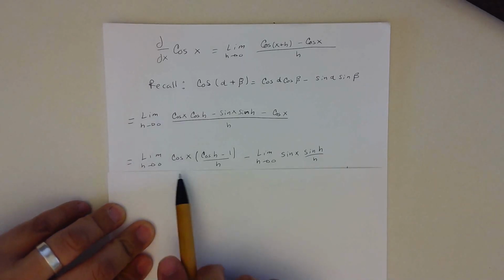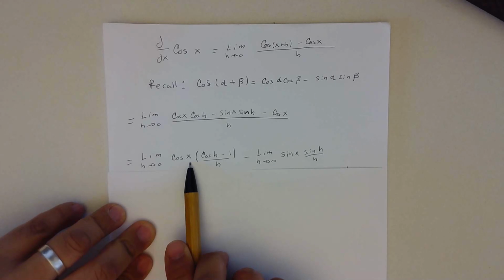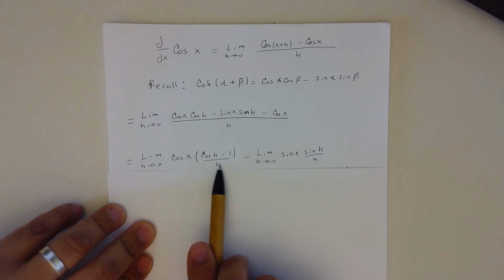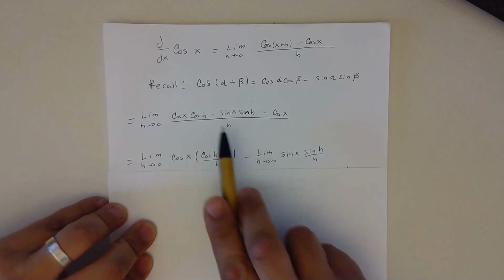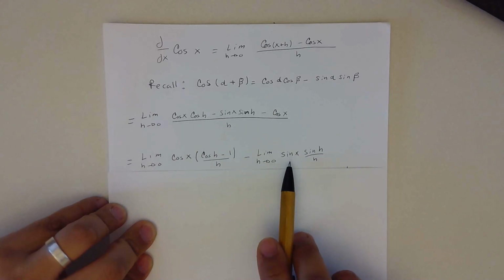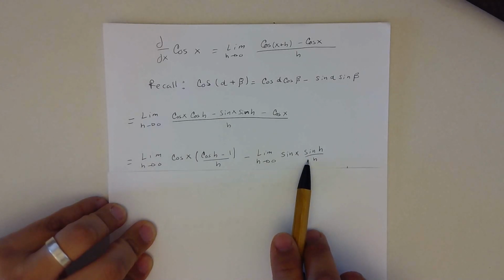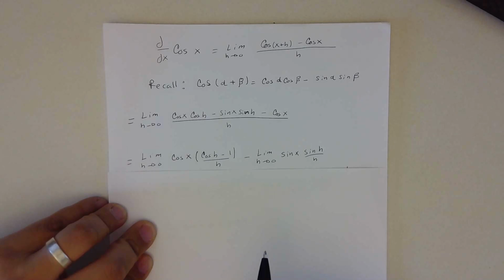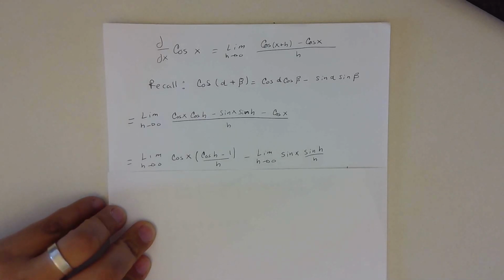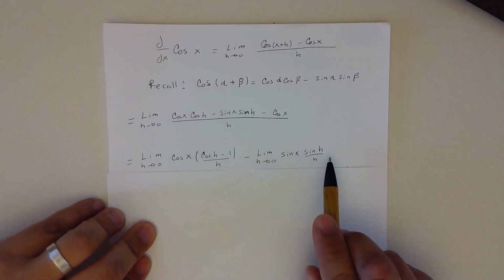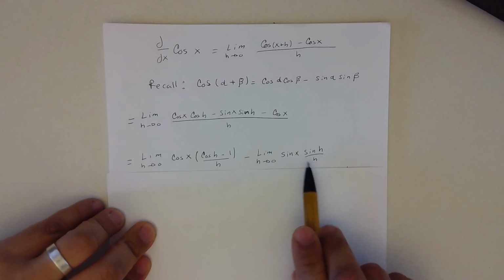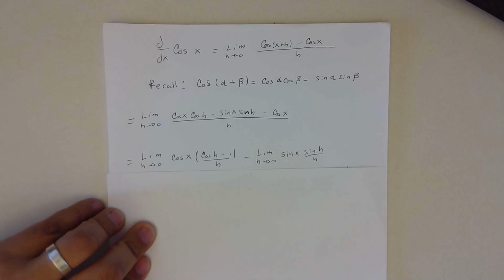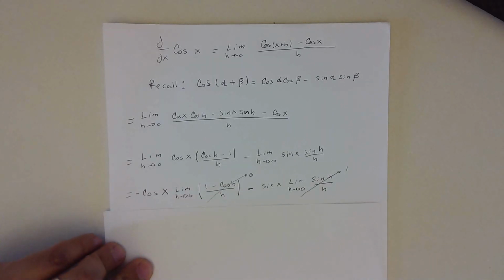So in this part we have the cosine x multiplying by whatever still keeps the h, minus, because we have this minus here, the same thing, the sine x multiplying by the sine of h divided by h. But these limits, we can put this outside, and these will be standard limits as we do here.